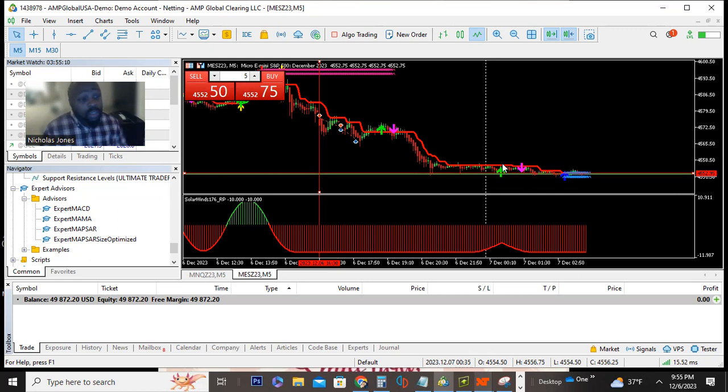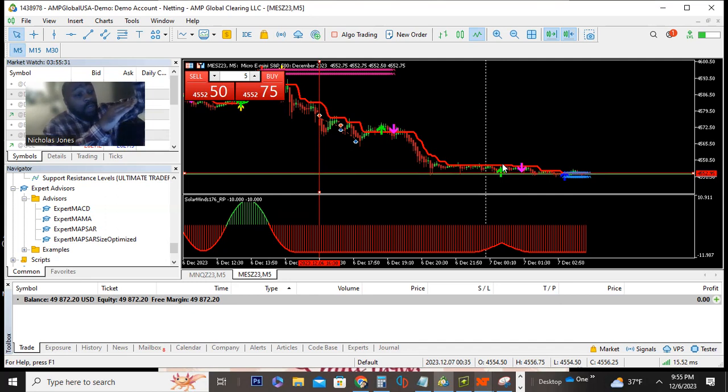So essentially, I'm following the trend. Say I'm trading Forex, and GBP/USD is in the uptrend. Say I've got a 200 moving average.